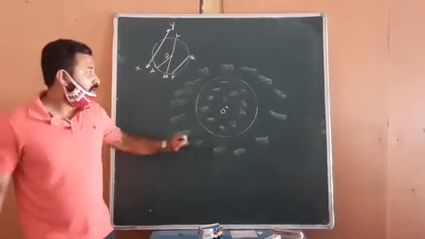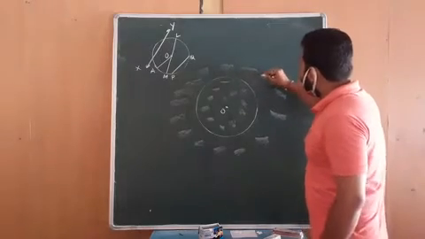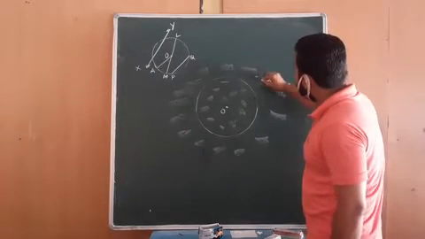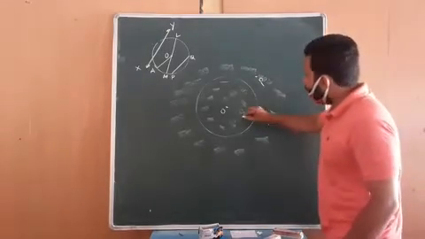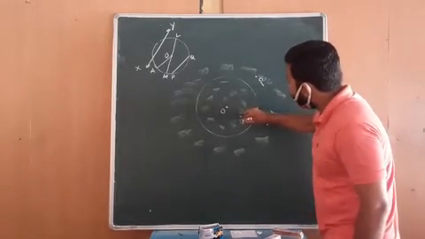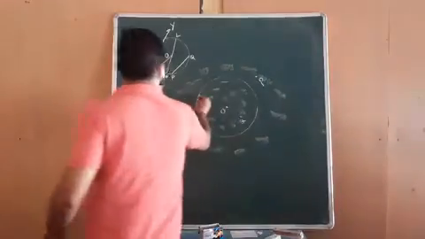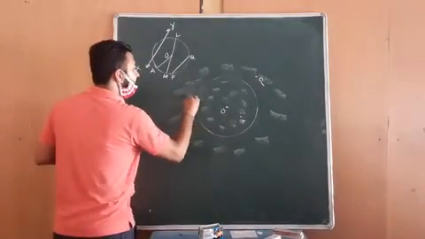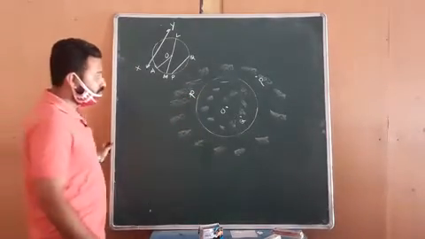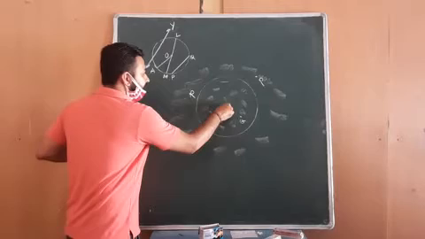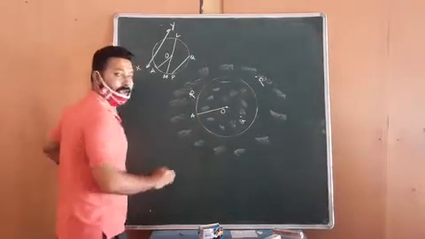Understood? Now suppose we have a point P, another point Q, and another point R. We can draw a radius, say OA.